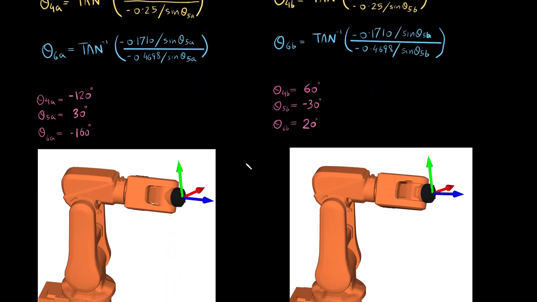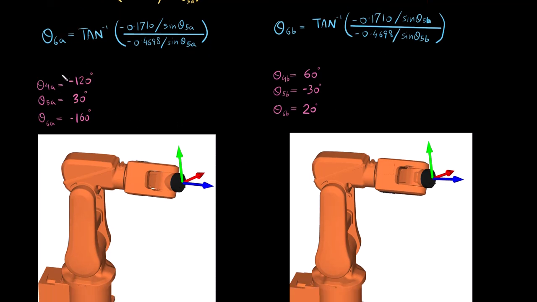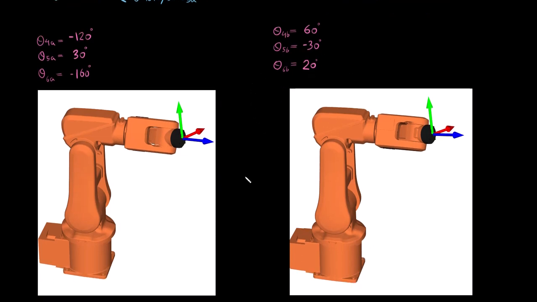Here are the solutions that I get. These are the values for the first set of solutions, these are the values for the second set of solutions, and I have even drawn out the robots at these two different solutions. And you see that although the position of the end effector might be different in the two drawings, the orientation, which is given by these three axes, the xyz at the tool tip or the end effector, is the same.